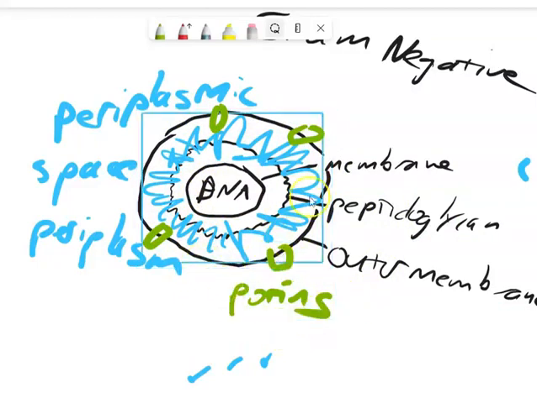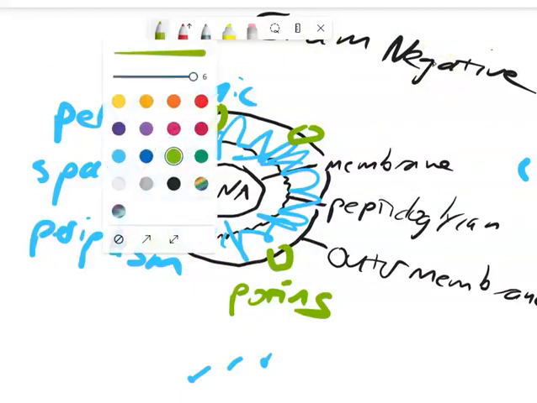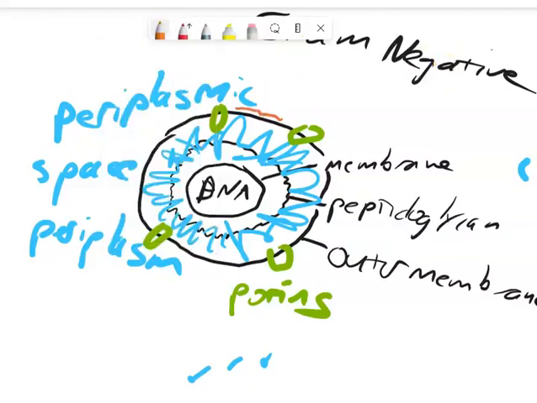There's one other thing about gram-negative cells that I probably should draw in here, and I shouldn't have skipped. So let's find a new color, a new really exciting color, and make it like a 4. Some of the outer part of the outer membrane is made of a specific lipid attached to a carbohydrate, attached to a protein.